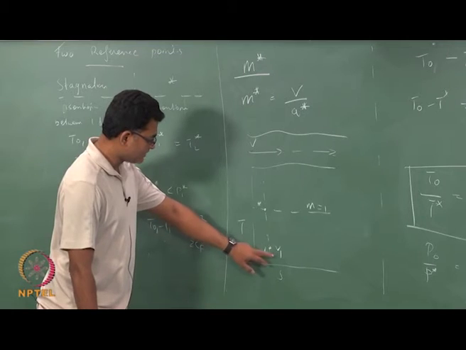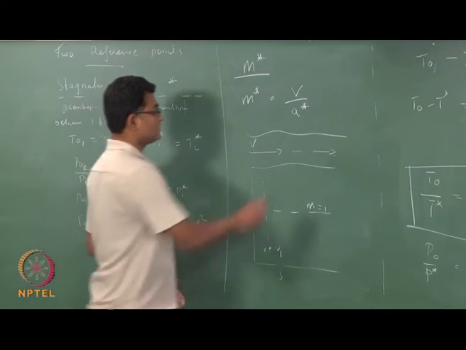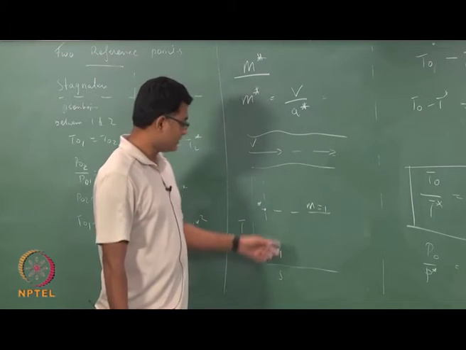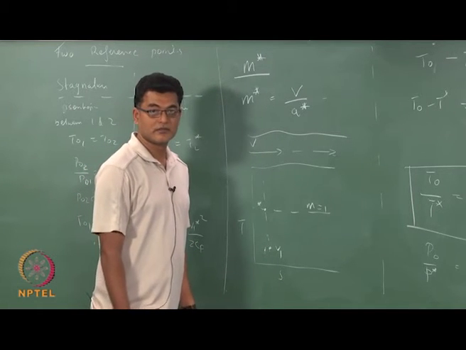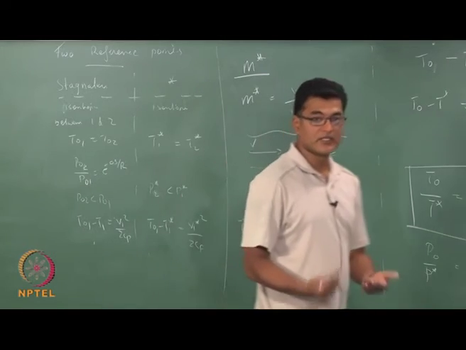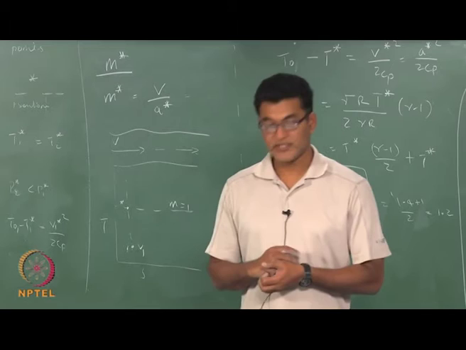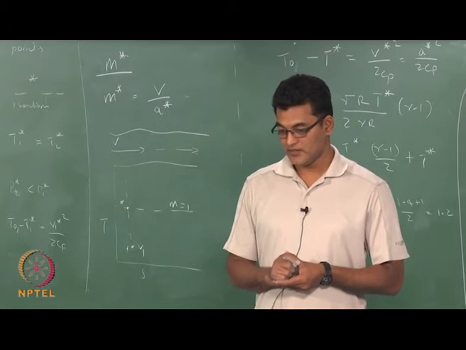So, the M star is this V1 divided by this A star. So, this is not equal to 1, it can be 1, but it is not equal to 1. Okay. So, we will talk more about M star in the next lecture or so, when we discuss converging diverging nozzles and flow through converging nozzles.